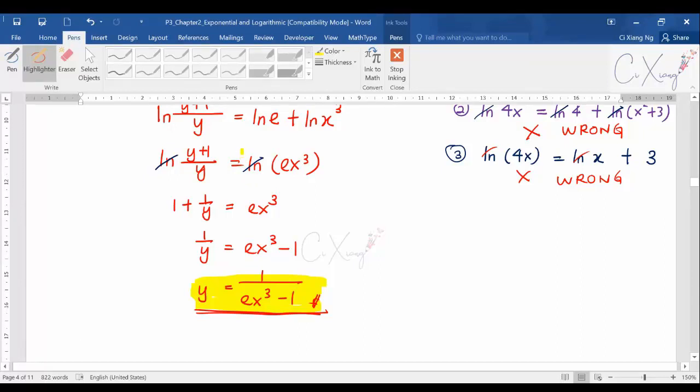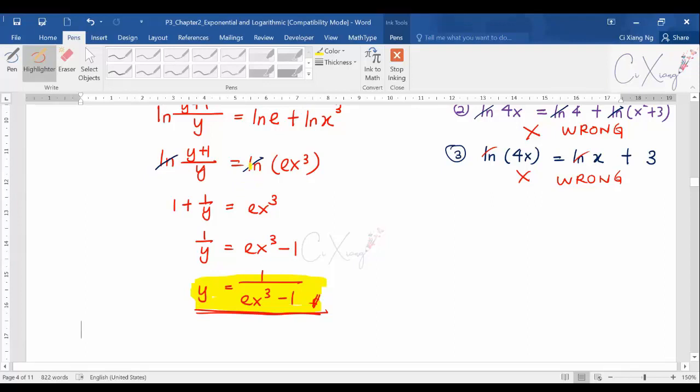Maybe you feel that all these are very easy, but later when you go to integration and want to apply all these, you might find that you need to know the properties quite in detail. So make sure you are very clear about all this, how to combine them, how to cancel off the log and so on.